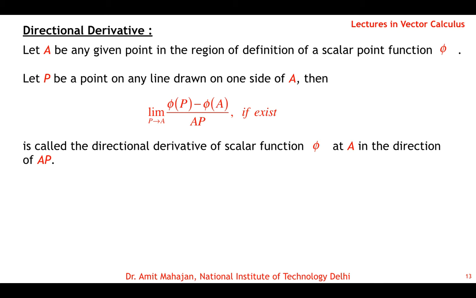Let A be any given point in the region of definition of a scalar point function phi, and let P be a point on any line drawn on one side of A. If you have a point A and you take a point P on any one side, then the limit as P tends to A of the scalar function at P minus the scalar function at A divided by the length AP, if this limit exists, is called the directional derivative of function phi at the point A in the direction of AP.